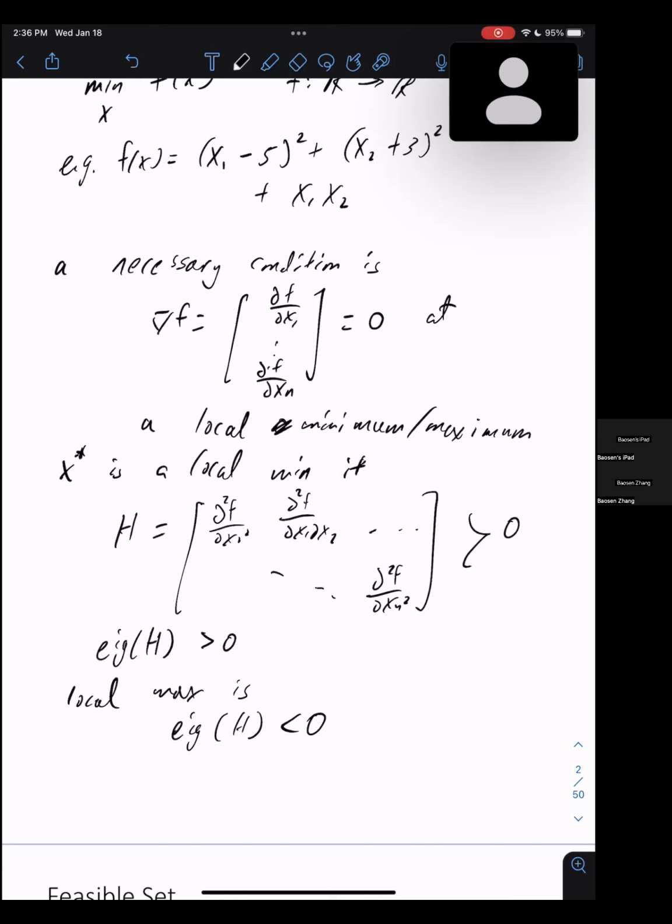H tells you the concavity or convexity of the function. Each eigenvalue tells you about the convexity in one direction. Imagine you have a three-dimensional thing, and you want to know if it is concave or convex in each direction. If they're all positive, it's convex in every direction. If all negative, it's concave in every direction. If it's mixed, it's convex in some directions, concave in others, and you make no claim.